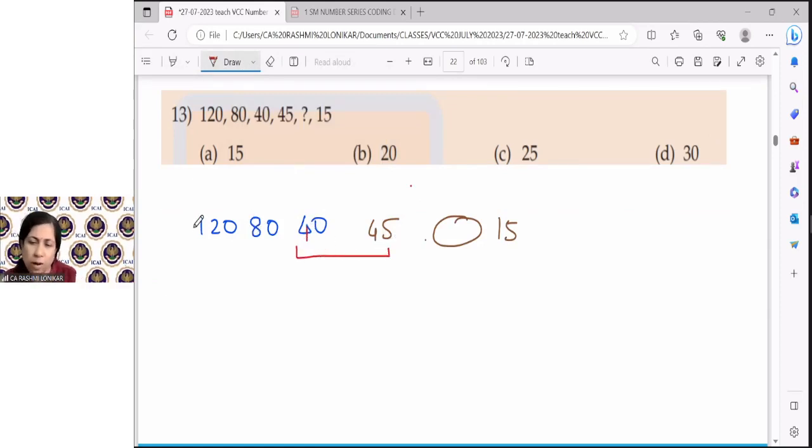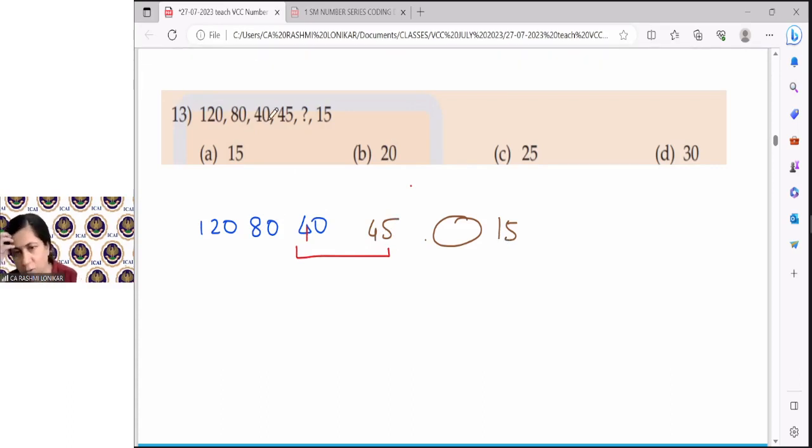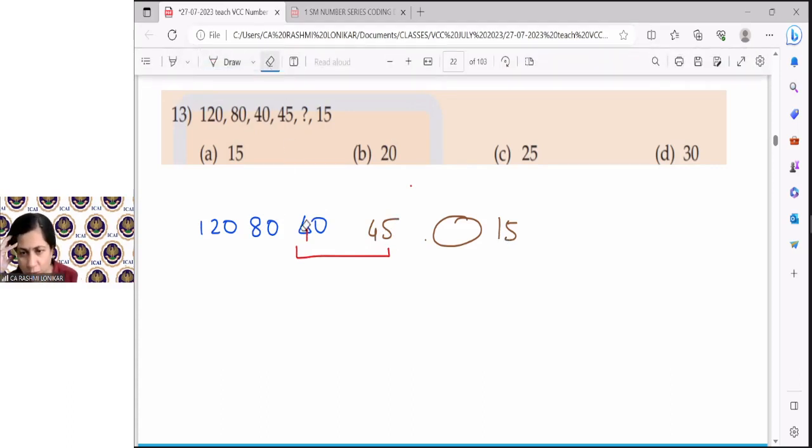As you can see, 120, 80, 40, then you have an increase to 45, then again a decrease to 15. So here we are going to group it. 120, 80, 40 is one group, 45, question mark, 15 will be another group, and so on.